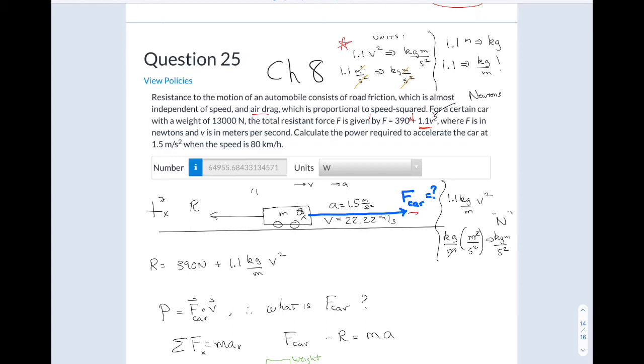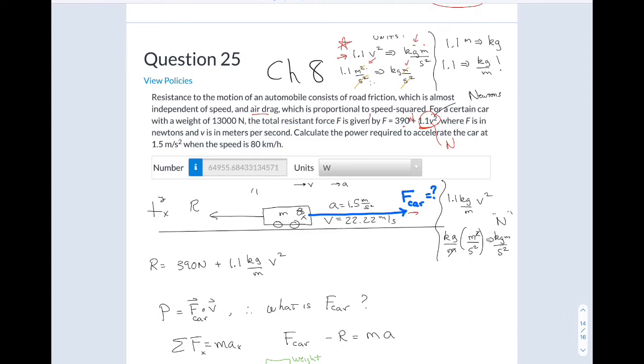This whole thing has to have units of newtons because I have to add newtons plus newtons. So 1.1 V squared has to have units of newtons, kilogram meter per second squared. V is meters per second, so V squared is meter squared per second squared.